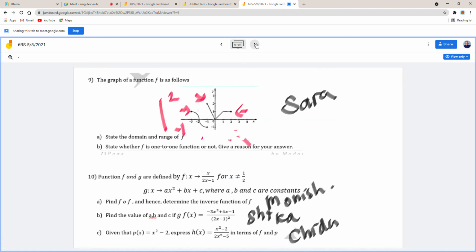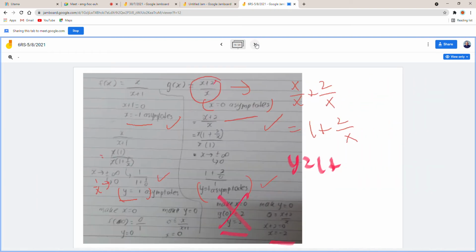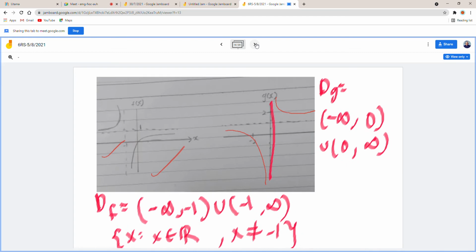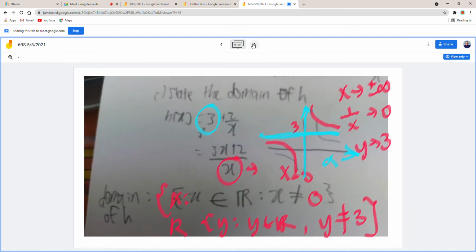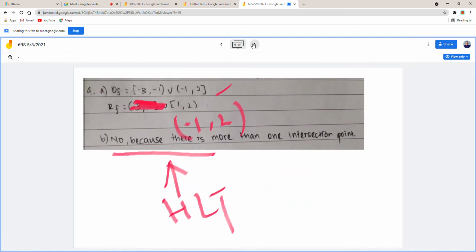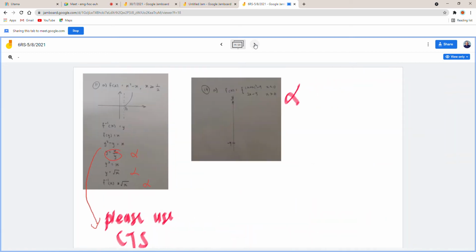I think so. That's the graph. She didn't draw the graph, I don't know where.